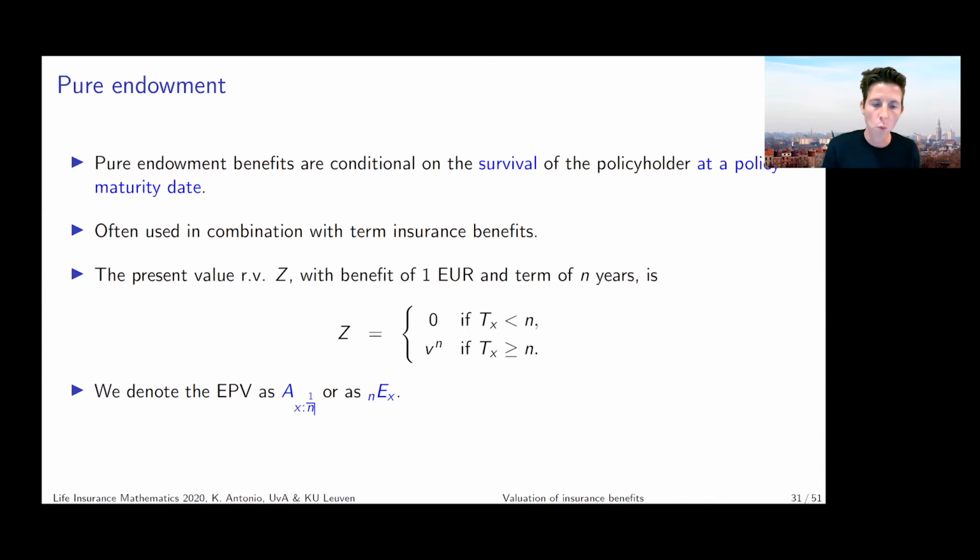Where should I put the 1? Well, then you have to reflect in which scenario you are going to pay the benefit. Are you going to pay the benefit if X dies before the end of the contract? Then you should put the 1 on top of the X. If you're going to pay the benefit if X survives until the end of the contract, then you should put this 1 on top of the n.